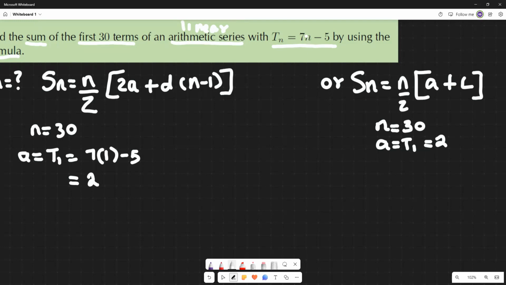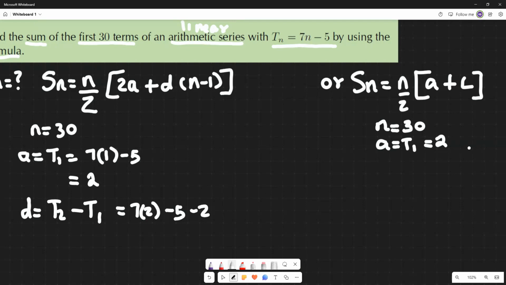And then, ladies and gentlemen, if you are given the Tn formula, the number before the n is your d. But I'll show you how to get d in simple terms. Let's go back. d is going to be term 2 minus term 1. To get term 2, we substitute 2 into 7n - 5, which is 7(2) - 5, and then we minus the first term, which is 2.